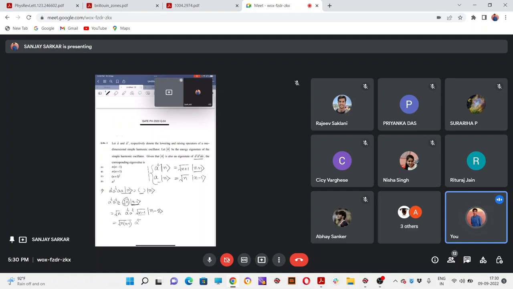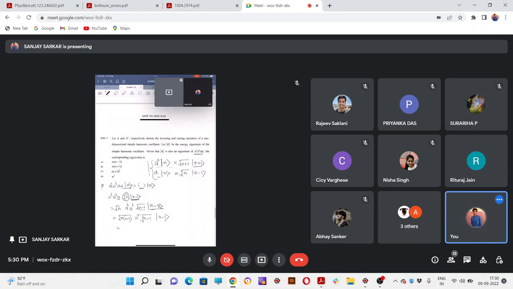a dagger applying on this state will use this property, and this will give us root n minus 1 n minus 1. So this is n minus 1 root n, and a dagger again operating on this n minus 1 will give us root n and n.